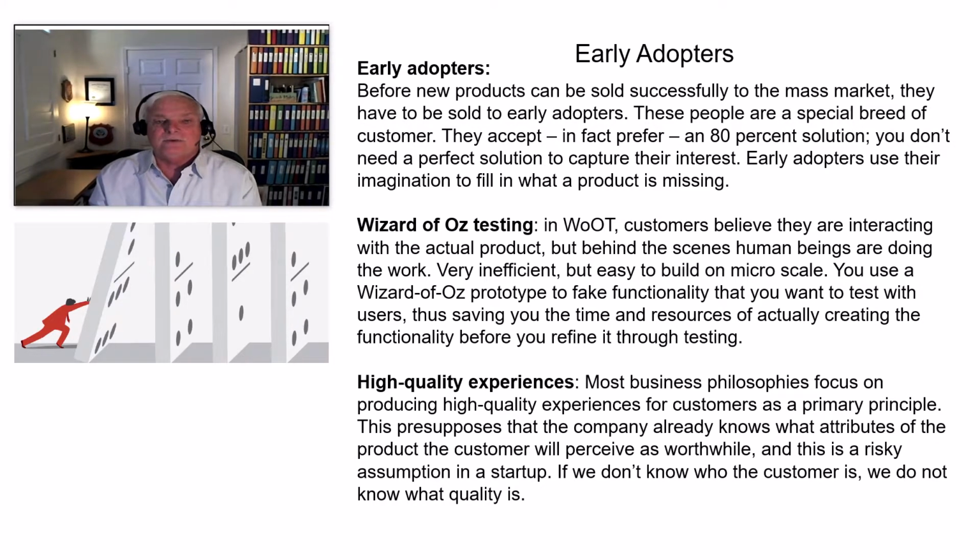Now, the next piece we're going to talk about is WOOT testing, the Wizard of Oz testing. And this is testing that is almost artificial in its nature, similar to the movie The Wizard of Oz. Pay no attention to the man behind the machine. He's making course corrections and things like that.